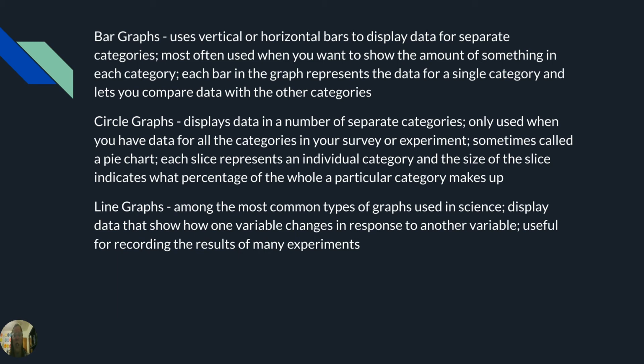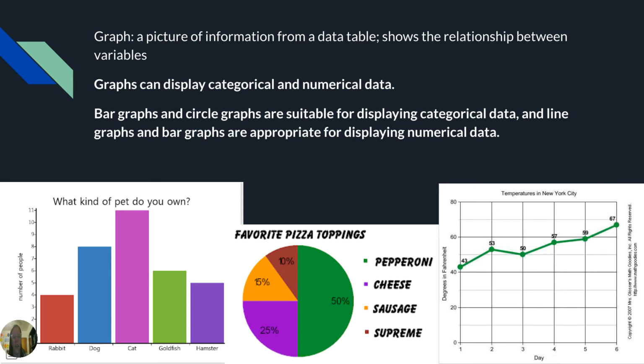Circle graphs display data in a number of separate categories, only used when you have data for all the categories in your survey or experiment, so you couldn't only have two of them finished and not know the other ones. Sometimes called a pie chart, each slice represents an individual category, and the size of the slice indicates what percentage of the whole a particular category makes up. So you could see there's percentages and it was divided.